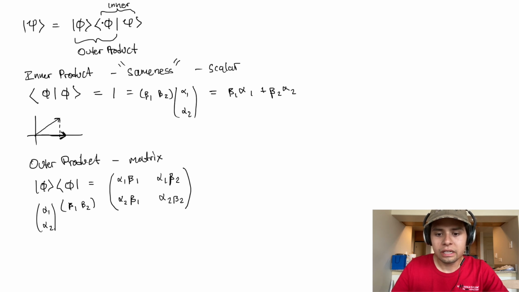And if these two phi states are the same, then we get an outer product, a matrix, which is unitary. Again, this is a sameness measurement in terms of a matrix, and this is a sameness measurement in terms of a scalar.